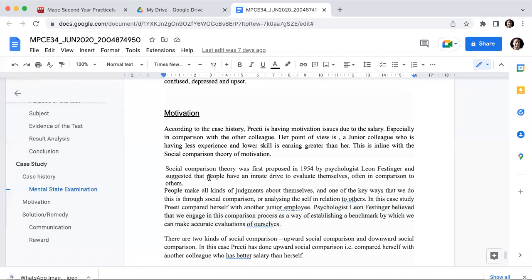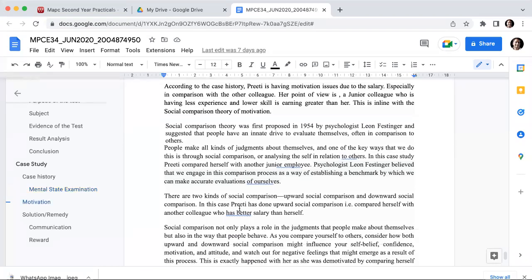There is a theory called social comparison theory, which is coming into the picture here, where people judge themselves based on others. She is not seeing that her job, which she was happy with before, is the issue. No, she's not really thinking like that. She became unhappy after comparing with so and so person. Right? It is like evaluating the self in relation to others. That is exactly what has happened here. Okay. So she compared herself with the junior employee, and then she became unhappy.